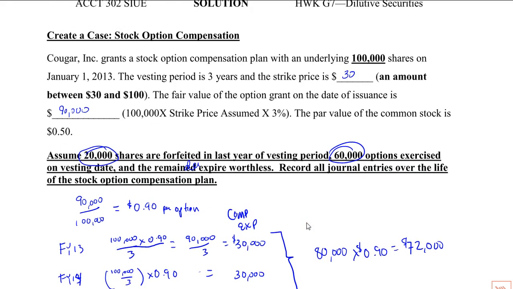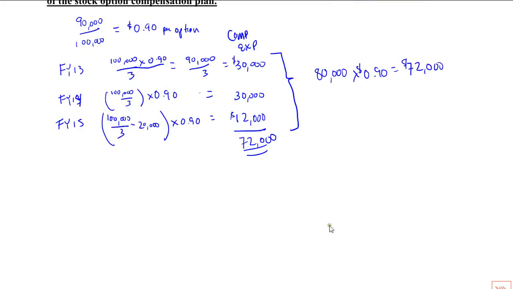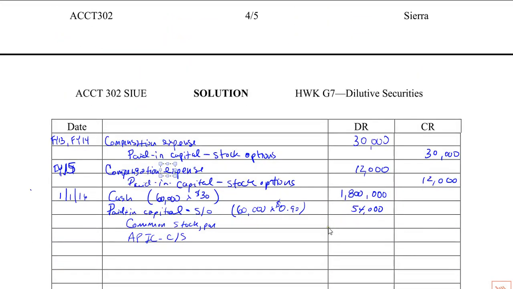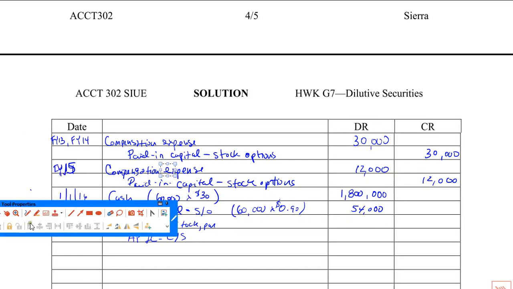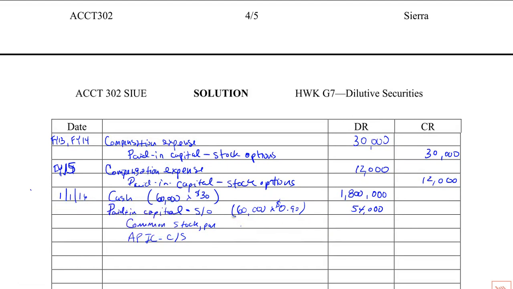Par was 50 cents. 60,000 times par value of 50 cents is 30,000.